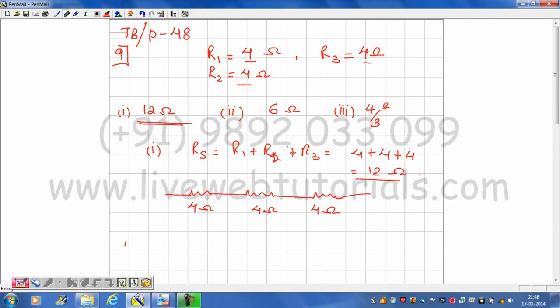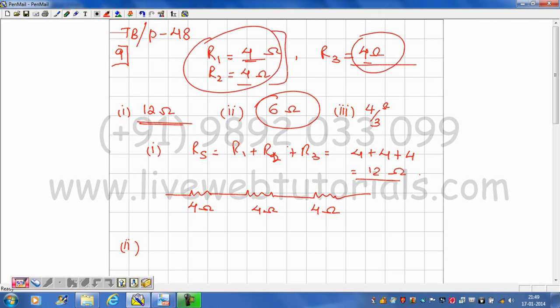Now the second part. We are supposed to get the effective resistance of 6 ohms. Obviously this value is more than 4. So 2 of the resistances we will connect in parallel and 1 resistance we will connect in series. So here it is going to be 4 plus whatever the parallel of these both we are getting.